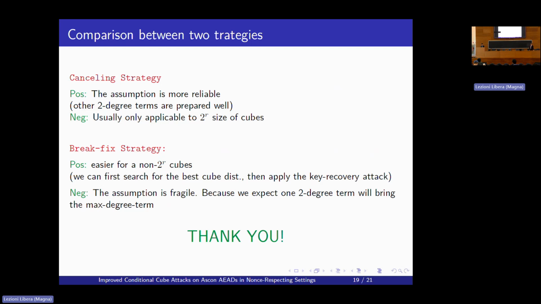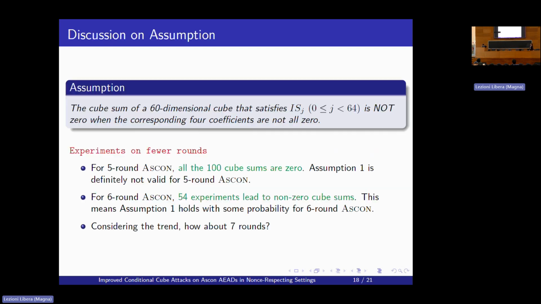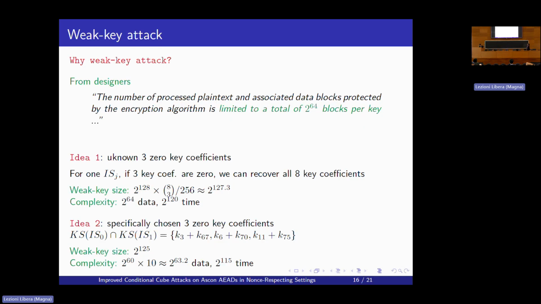Can you go to the weak key part? Yes. So you use the weak key here to stay within the 2 to the 64 requirement, right? Yes. But does this include the probability of the weak key, or are you already assuming that the key is weak?